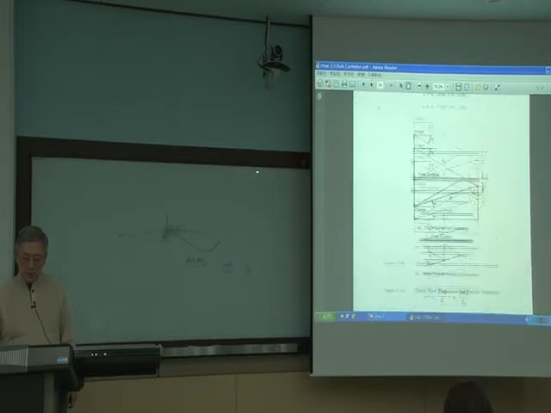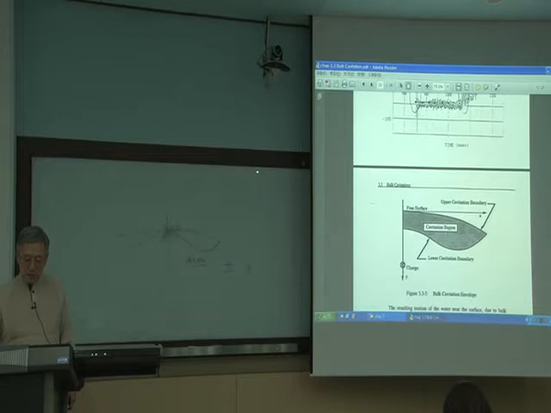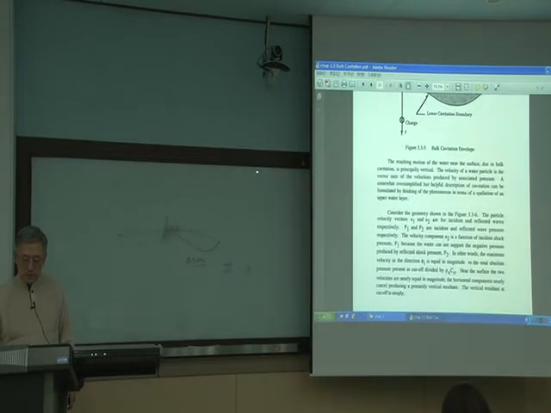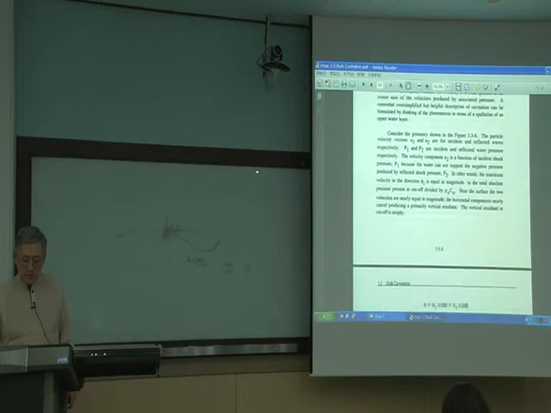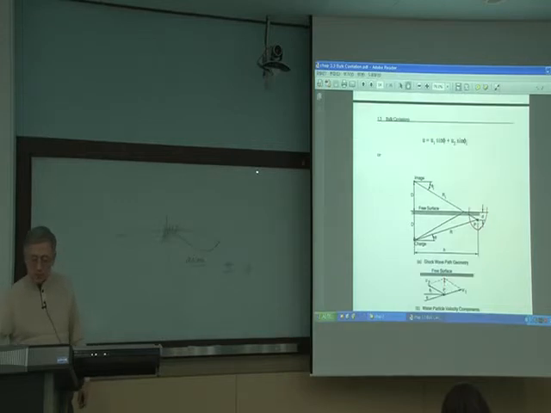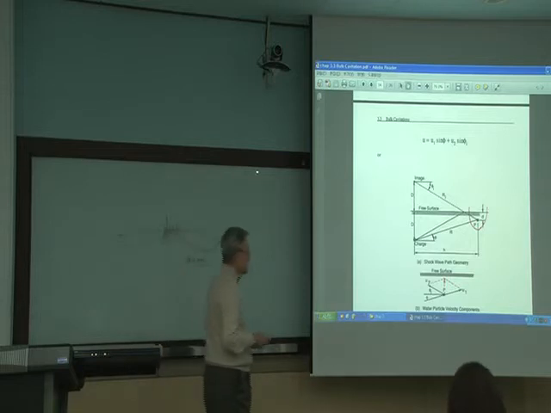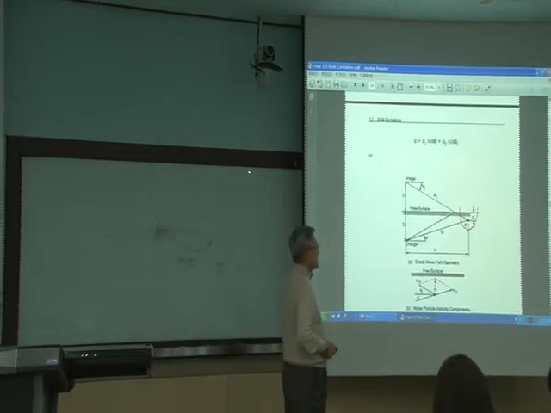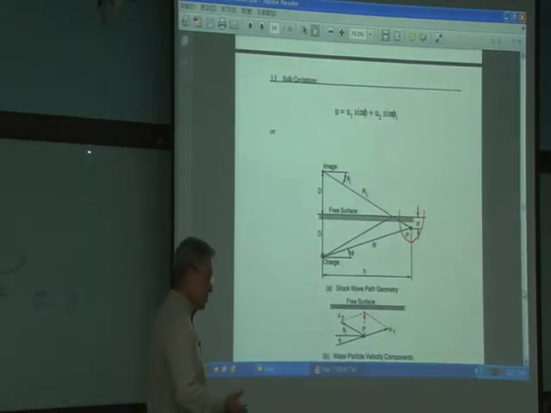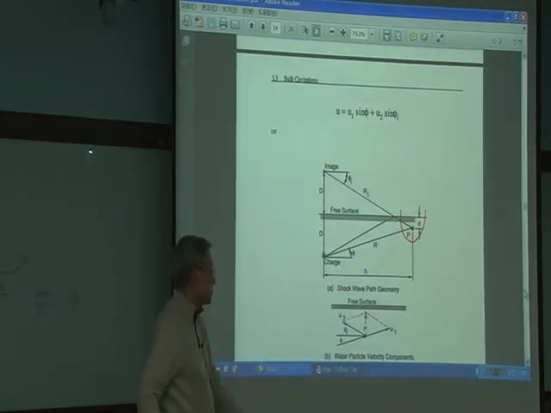And back down to here is just the extension of computation. What this is telling here is this. This point could be the CG of the surface ship. You assume the surface ship is long, of course. And this point is the CG of the surface.